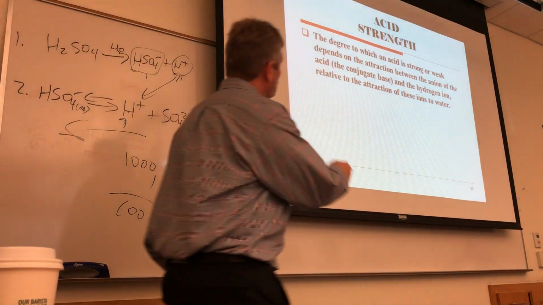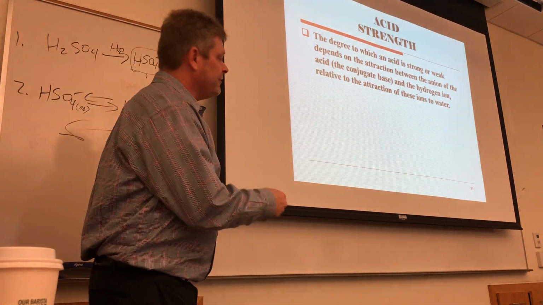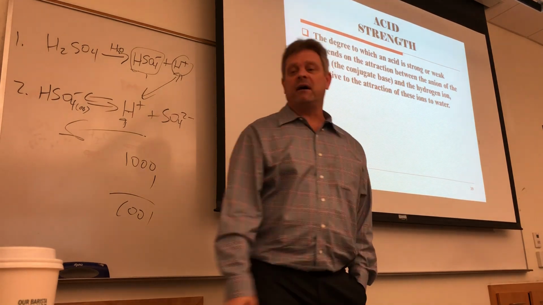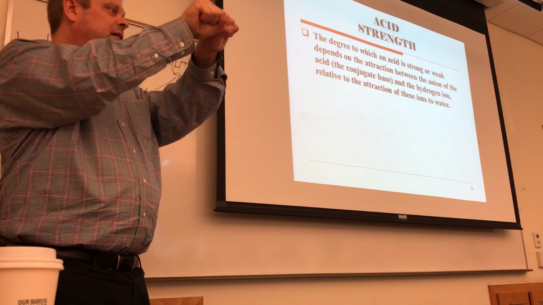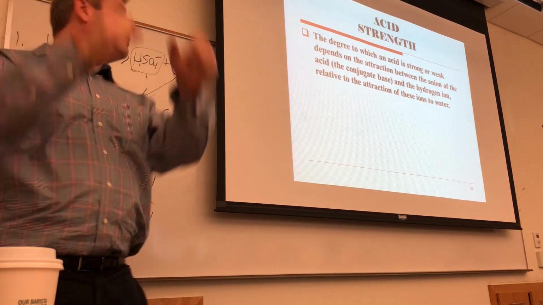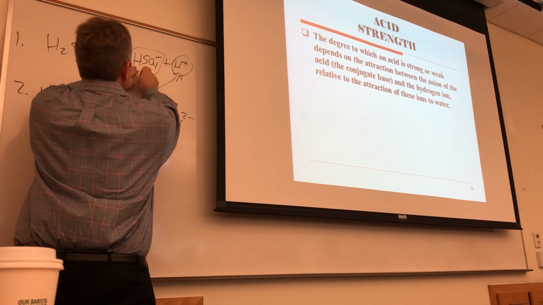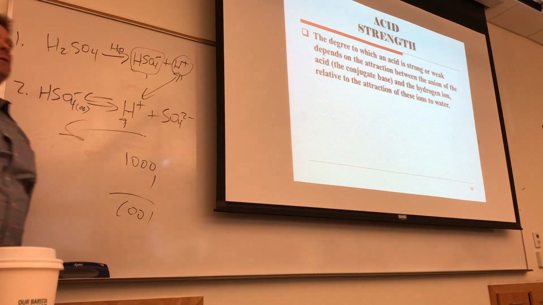So the degree that it may be strong or weak, well, strong is pretty obvious, it goes 100%. But the degree to which it is weak will depend on how strong that binding pattern is. The same thing I talked about earlier, right? So it's a competition. In this case, the HSO4 is competing with H2O for that hydrogen.